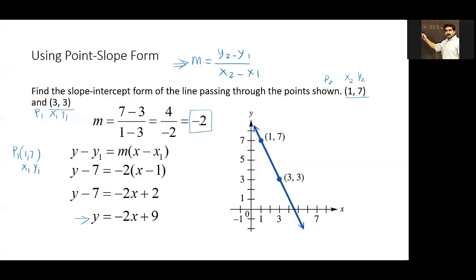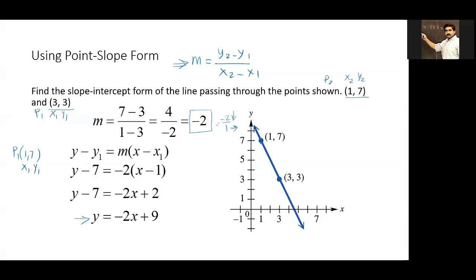So this is my line. Slope is minus 2, means from every point on the line, if I go down 2 units and 1 unit to the right, I get back to the same line.